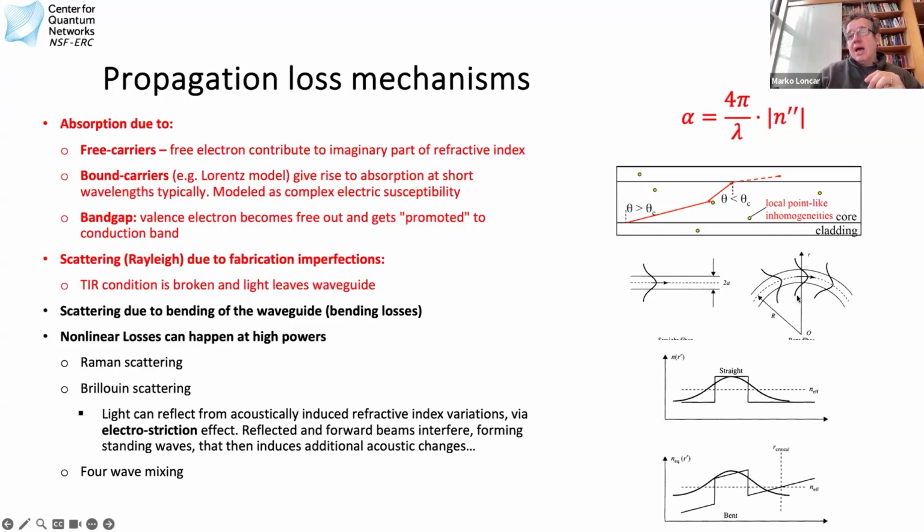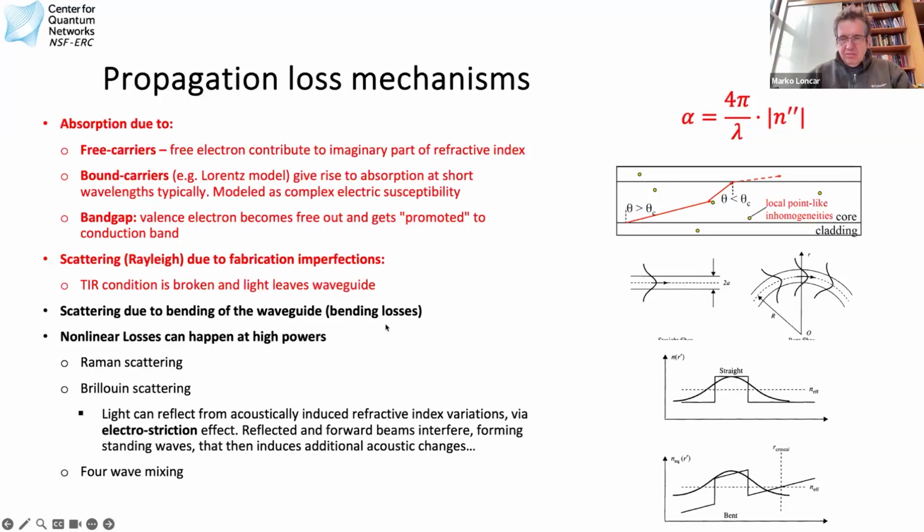Basically, what happens is modes get pushed closer to the interface, the total internal reflection condition is broken, and light leaks. In addition to these, you can also have nonlinear losses, but they typically happen at high powers, and this is not very common in quantum photonics.